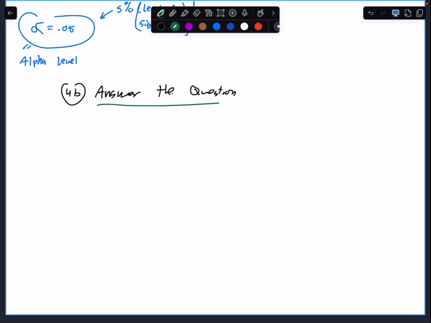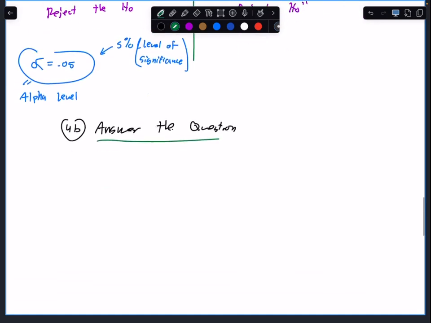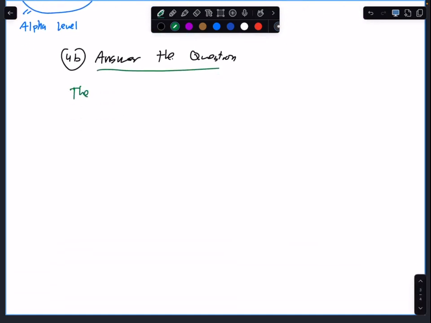Remember, the question was that we believe that they are shortchanging the blue M&Ms. So there is blank evidence to suggest blank. And this blank right here, I'm going to put in brackets.